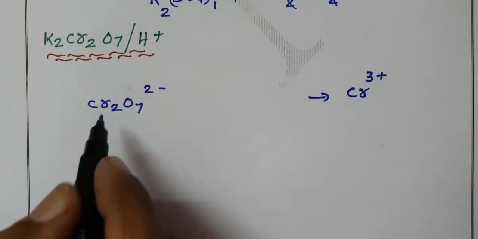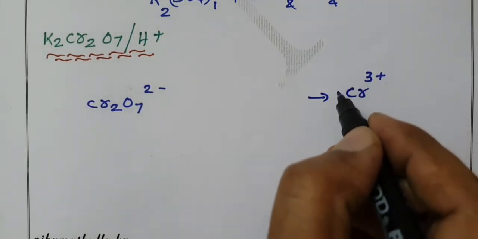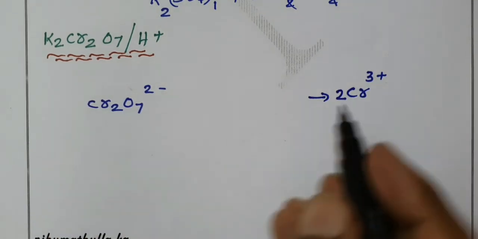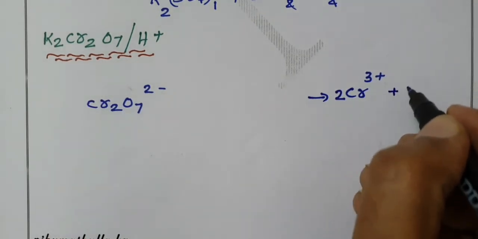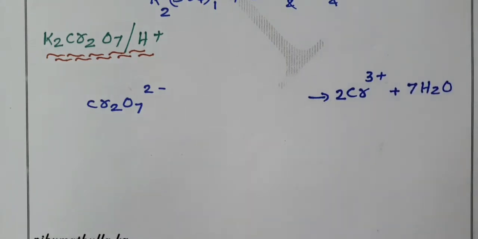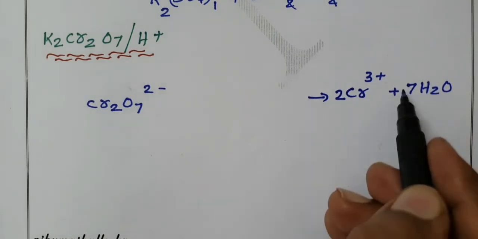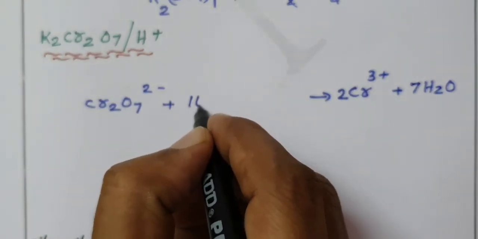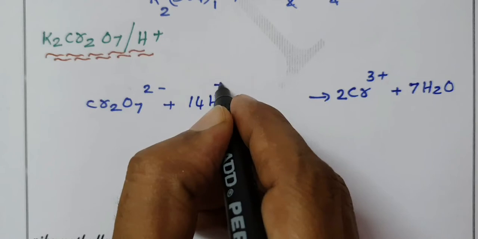First we have to balance the metal: 2 chromium, 2 chromium. Then balance oxygen: 7 oxygen atoms are balanced by adding 7 water molecules on the opposite side. 7 into 2 are 14. Hydrogen is balanced by adding 14 H+.